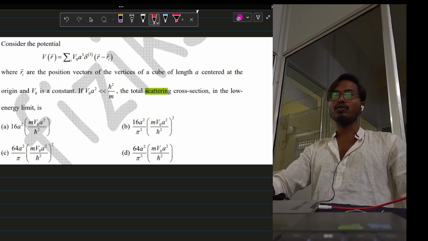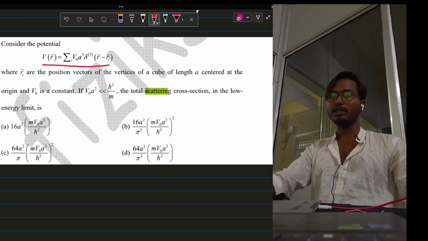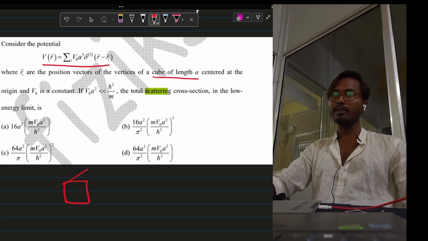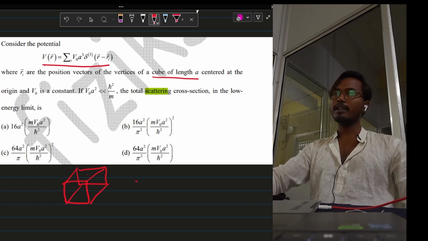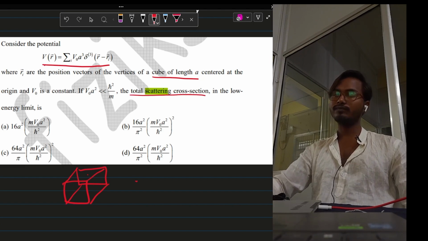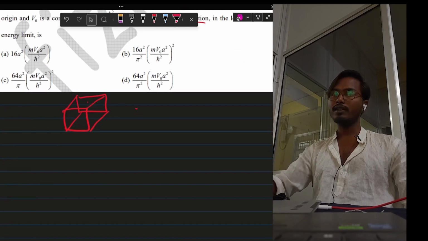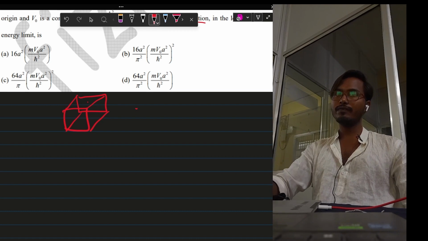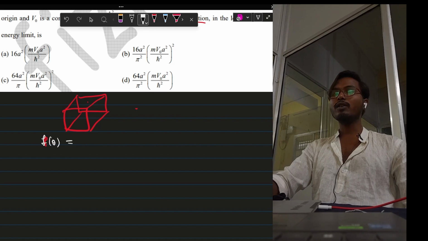Okay, so the problem says we have some potential here, and we have a cube like this, and then we have the potential, and what we have to find is the total scattering cross section. For scattering amplitude, we already know the relation.